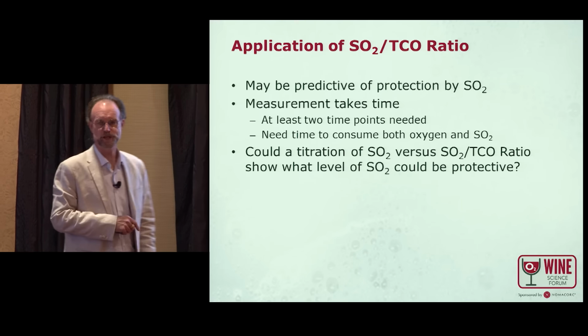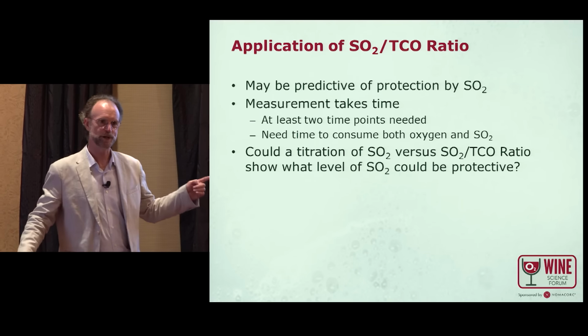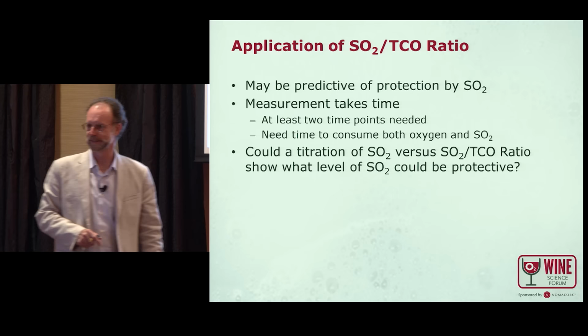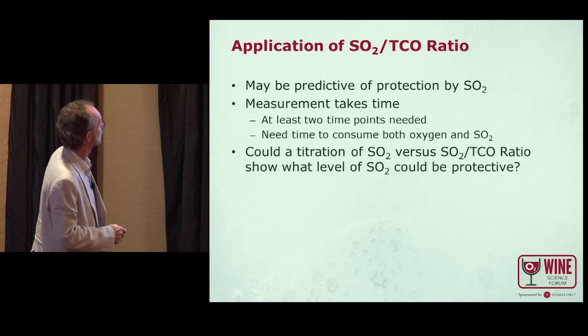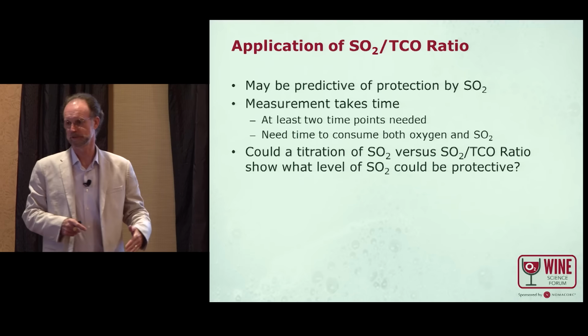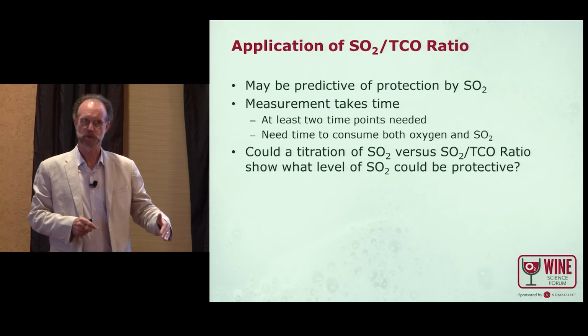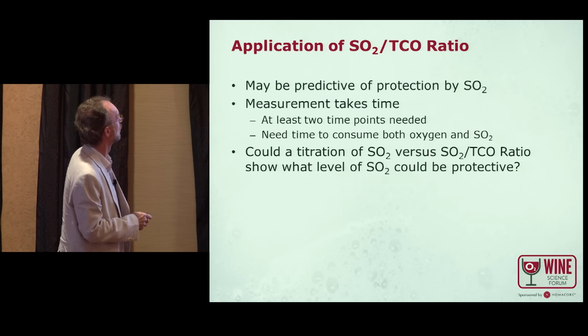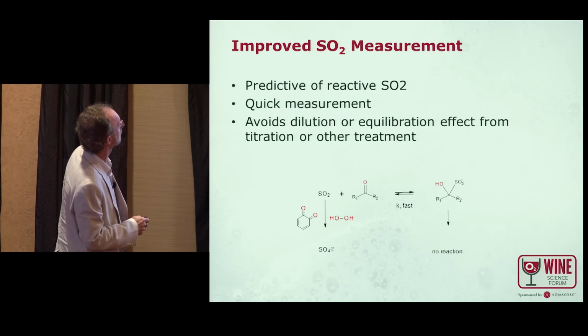Unfortunately, you need at least 2 time points, usually under bottle conditions far apart, like maybe 6 months or something, to get those numbers. So maybe this won't be a terribly practical method, but it does seem to directly measure whether the SO2 you've put in bottle is actually protecting the wine or not. All right.